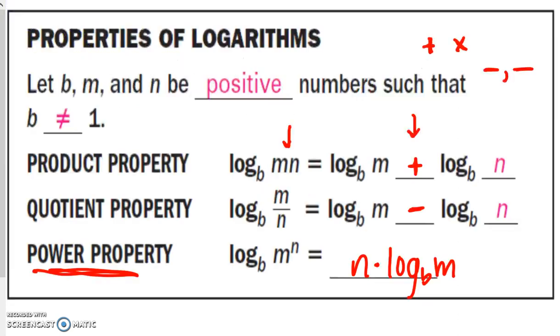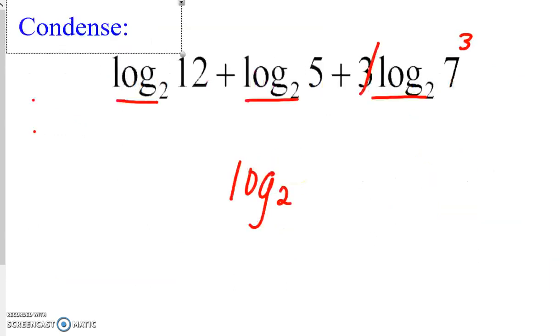Well, if I go back to my rules, whenever there's a plus sign between logs, it means I can multiply. So I'm going to make this 12 times 5 times 7 to the third. And since we're condensing, we're not solving or simplifying, we're done. That's all they want. You don't need to make this one really big number because you most likely won't have a calculator for this quiz as well.